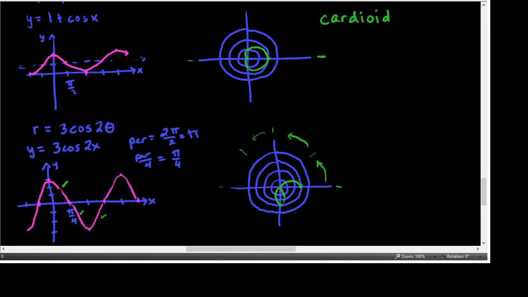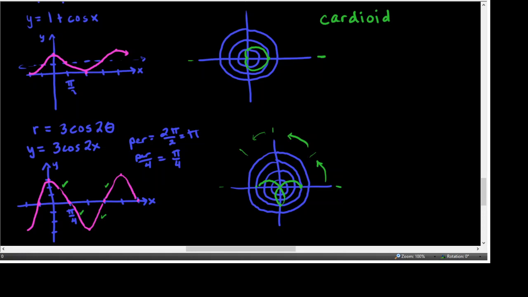Pi is right here, so out 1, 2, 3. And between the pole at 0 value, the r value is growing and growing until you get out to there. So that's that part.